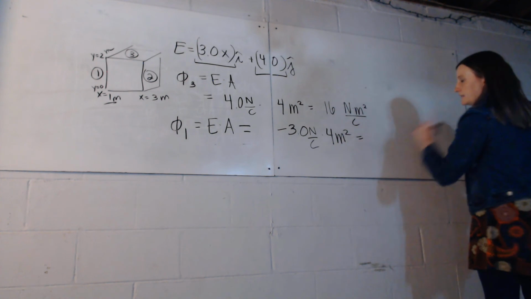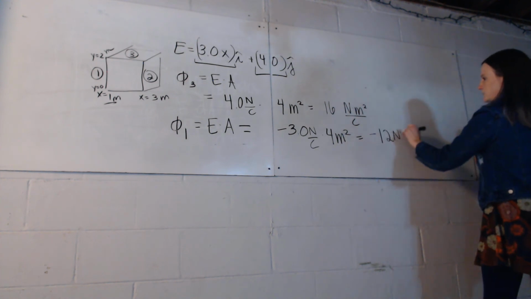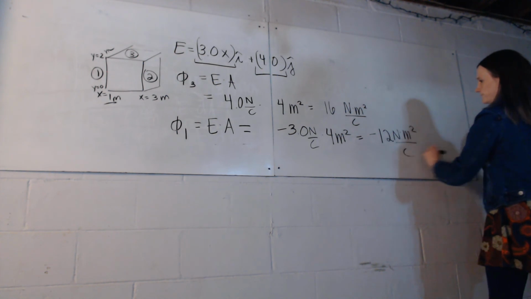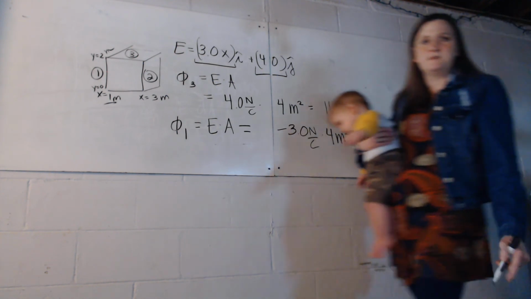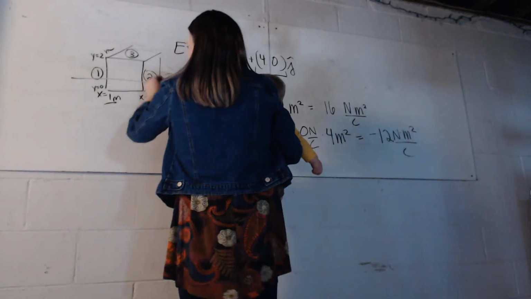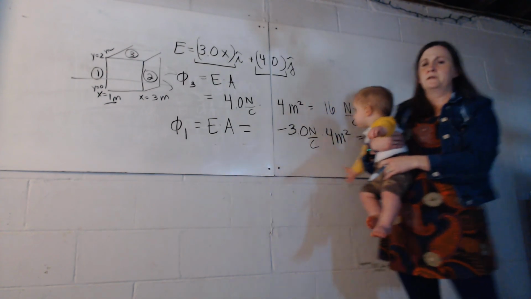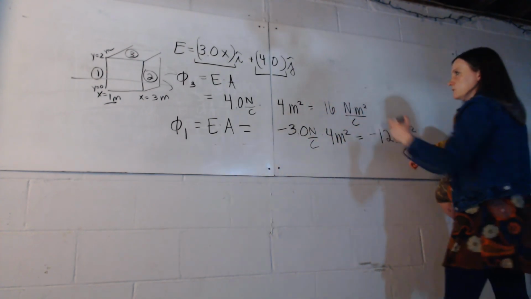So the electric flux on face 1 is negative 12 newtons times meters squared per coulomb. Again, negative, because if we imagine these field lines running in the positive direction, they're piercing into face 1 and out of face 2. And now we're going to go over to face 2.